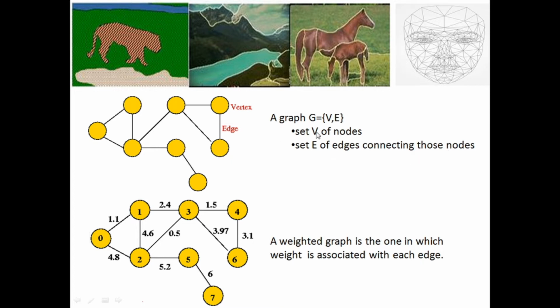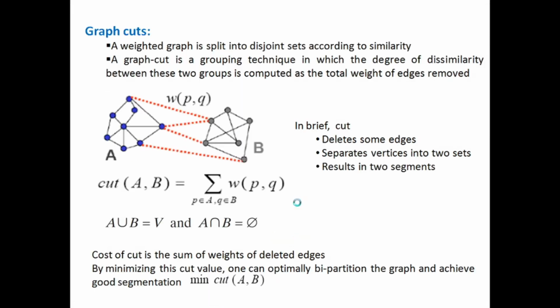So pixels of an image are the nodes of a graph, and each and every node is connected through an edge. Ultimately we need to find an optimum partitioning of the graph. Let us see how it is going to happen.